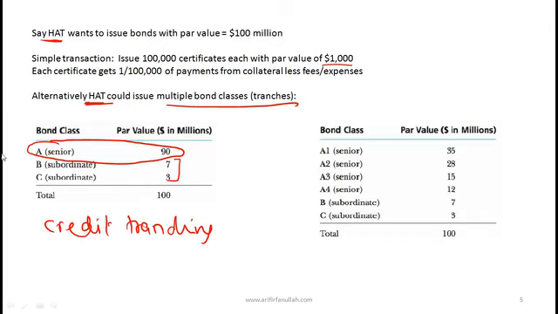Now, if the investors who have this bond class A now worry about prepayment risk, what we can then do is take the bond class A and further subdivide that into A1, A2, A3, A4. And what do you think is happening in this tranching? So here we are redistributing the prepayment risk.